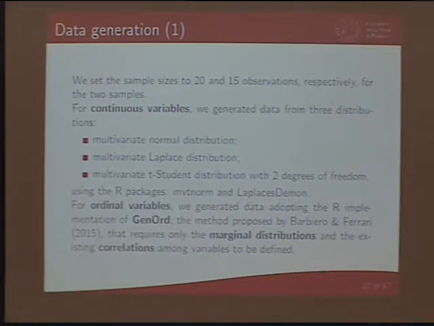For generating, we basically consider these three distributions, but the situation is similar also if you consider other distributions, maybe some skewed distributions, or even further heavy tail distributions. For ordinal variables, we consider this quite interesting algorithm by Barbiero and Ferrari to generate correlated ordinal variables. This GenOrd is quite efficient.